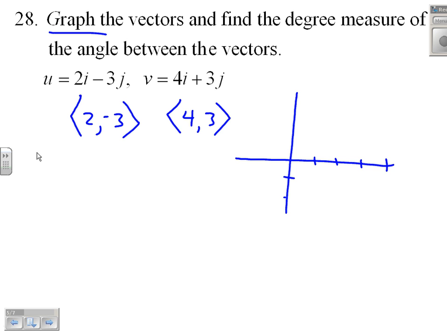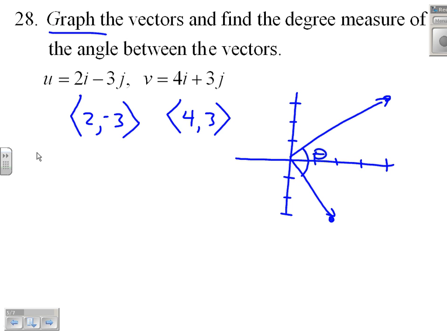I need to go down 3, and up 3. So I have 2, negative 3. There's vector u. I have 4, 3. There's vector v. And I'm going to find theta, the angle between those two.